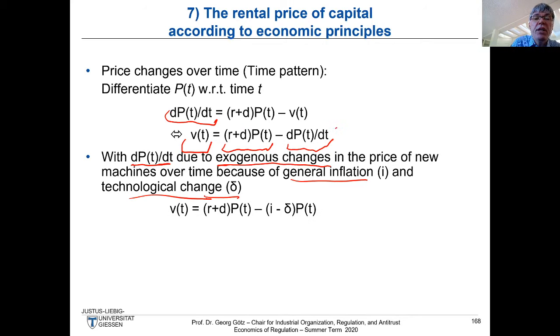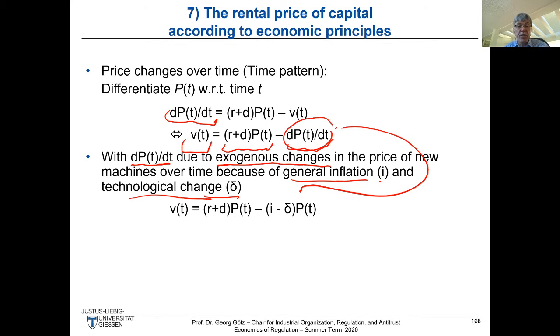So our dp dt is nothing else than this i minus delta pt, where i is, excuse me, not the interest rate of course, but the inflation rate, that's what we defined here, minus the rate of technological progress. So if your inflation rate is 5% and the rate of technological progress is 3%, the price of your machine will go up by 2%.